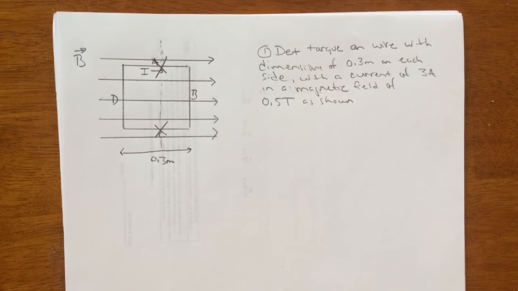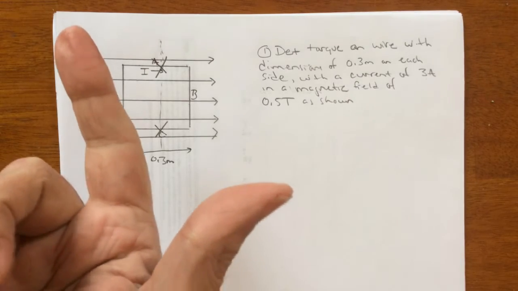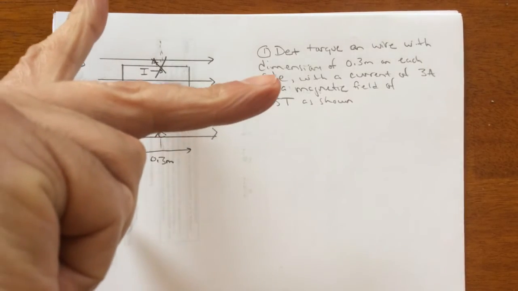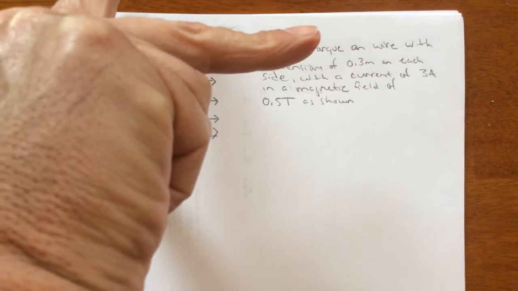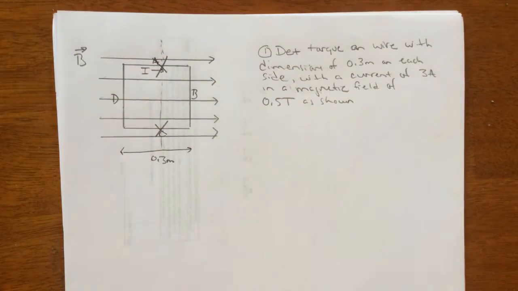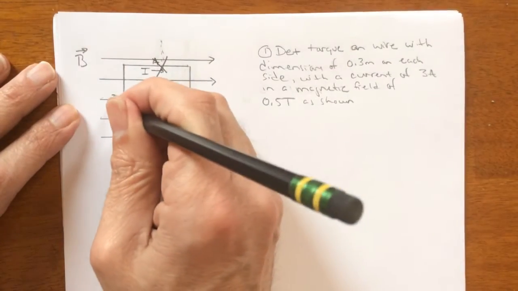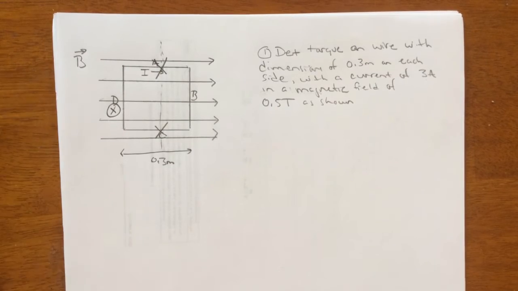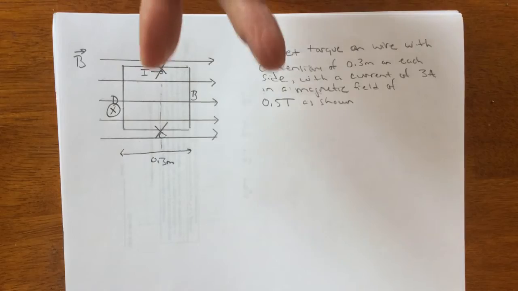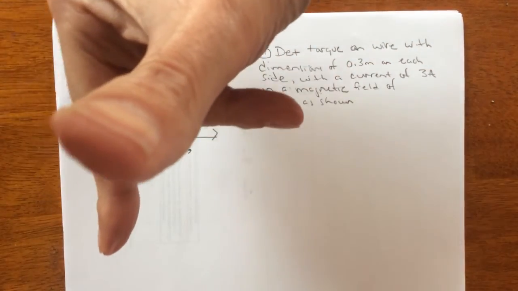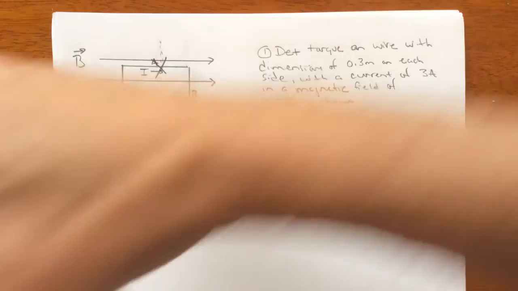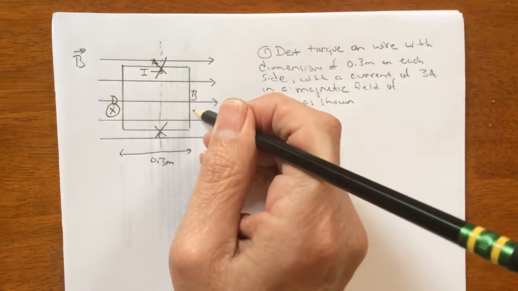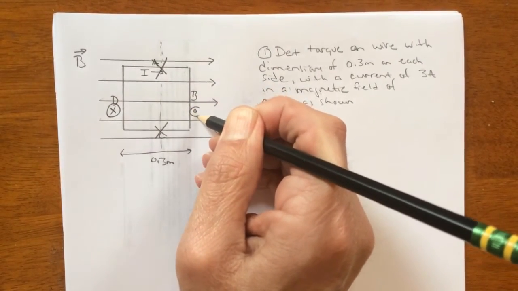Using our right-hand rule, I'm going to do D first. Current's running this way. Mag field's running to your right. So it's going to feel a force down into the page. I'm going to use our symbol for force down for segment D. And for segment B, current this way, field to the right is going to feel a force up, and we're going to use the symbol for that up force.